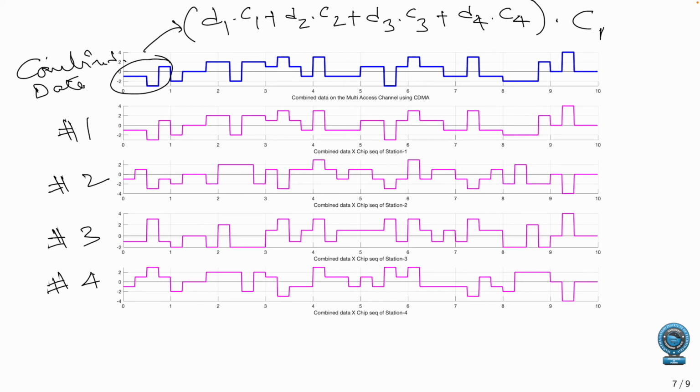The dot product of two waveforms is basically the multiplication of those waveforms and integration over the time period. Integrating is nothing but calculating the area under this.